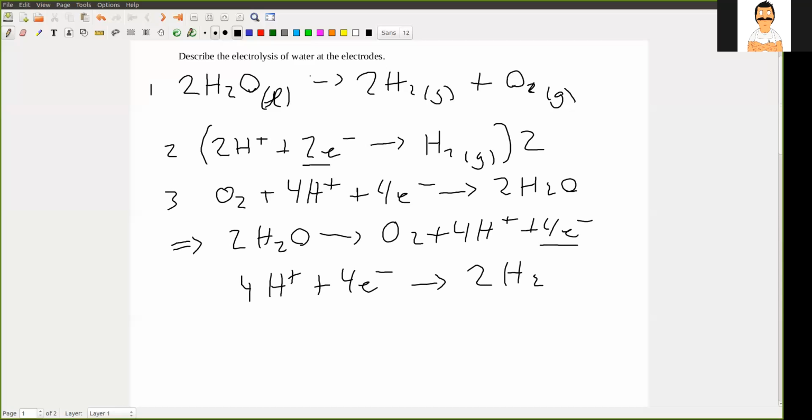And when we add these together, the 4 protons on the left-hand side cancel with the 4 protons on the right-hand side. The 4 electrons on the left-hand side cancel with the 4 electrons on the right-hand side. And we end up with 2H2O yields O2 plus 2H2, which is equation 1. So that's how you would look at these half reactions.